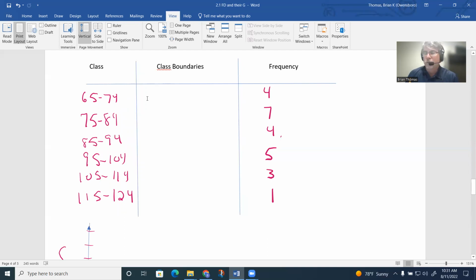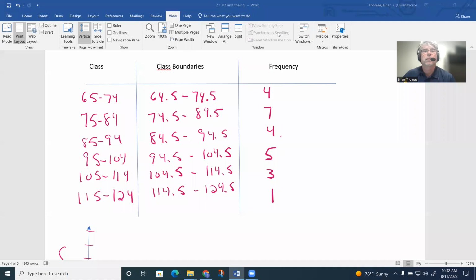Notice how we had 64.5 as our first lower boundary, and 74.5 was our first upper boundary. These are what we call class boundaries. They're going to be used to create the horizontal scale on our graph. I'm going to pause the video for a second and complete the rest of these.